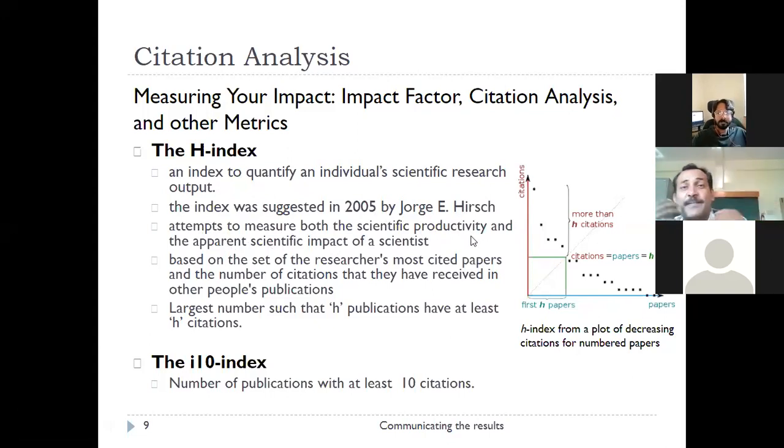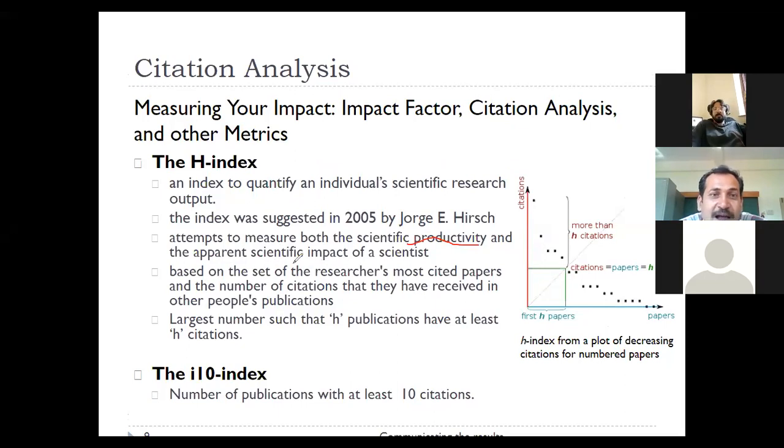Productivity means how many papers or research articles the particular person is publishing, and impact on other researchers. We understand productivity from the number of research papers published, and the impact from how many times these research papers are cited.